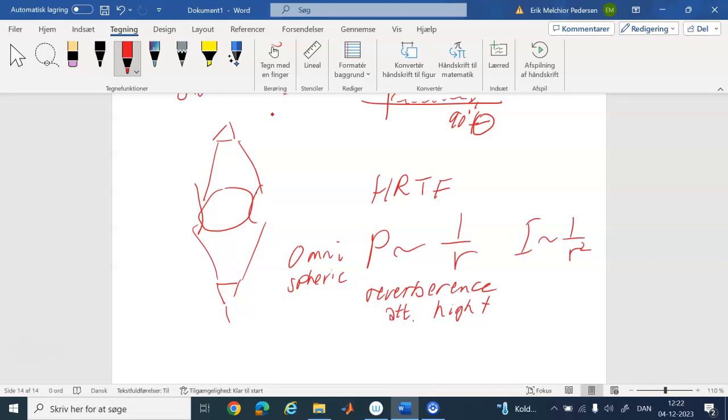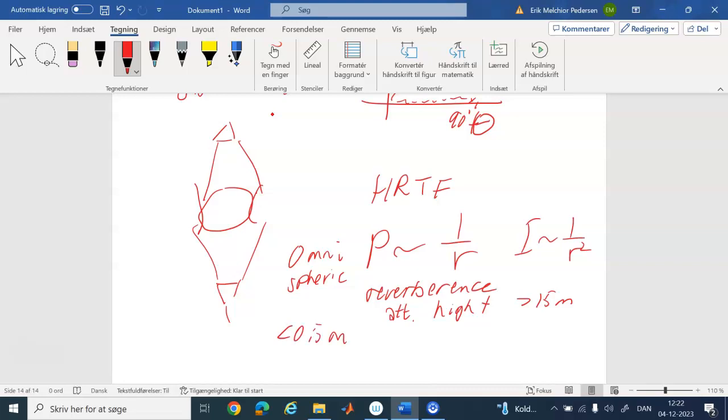You can also hear that. At high frequencies you have attenuation, so beyond 15 meters the high frequencies are gone.